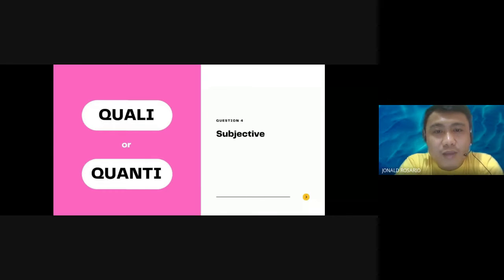Okay, unlike sa quantitative research, na ang quantitative research class ay objective, the opposite of subjective is objective. Why? Because in quantitative research, we utilize what we call statistics. May mga statistical tools na ginagamit.